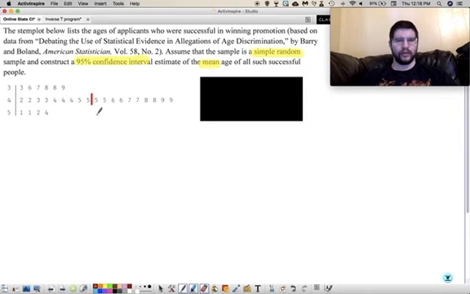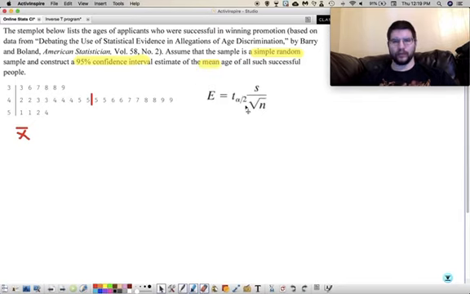So let's see what we know. We got this data, so if you have a TI, just type it in and be done with it. But we need x bar. So do we know sigma? We do not. That makes this a t interval. So there's our formula for our t interval.